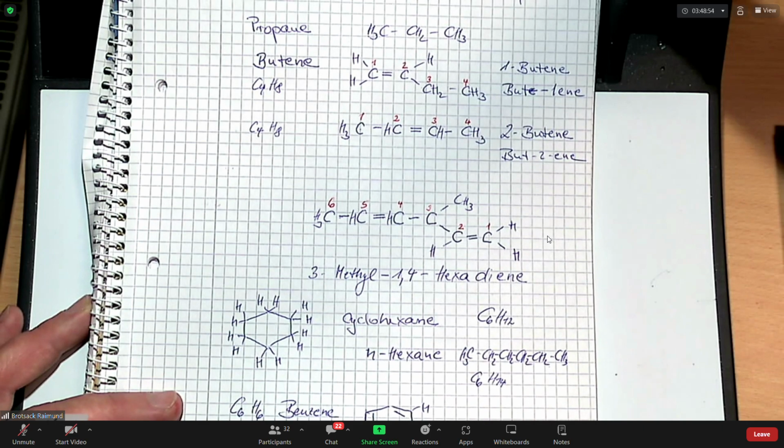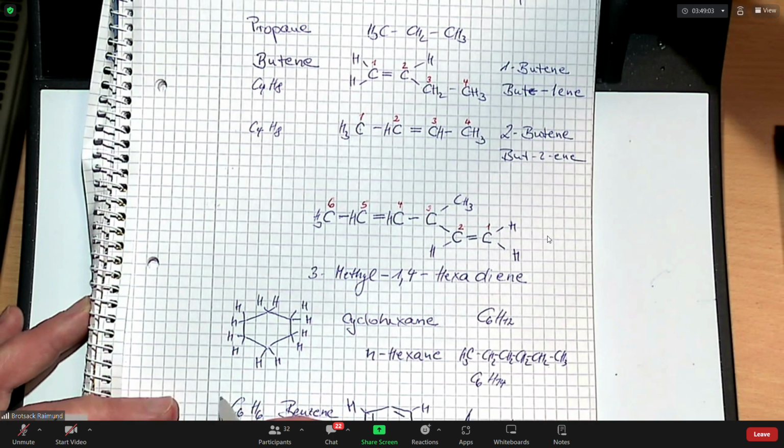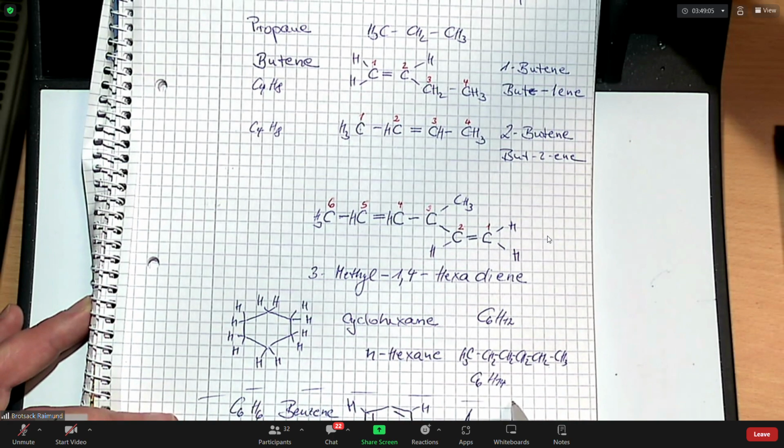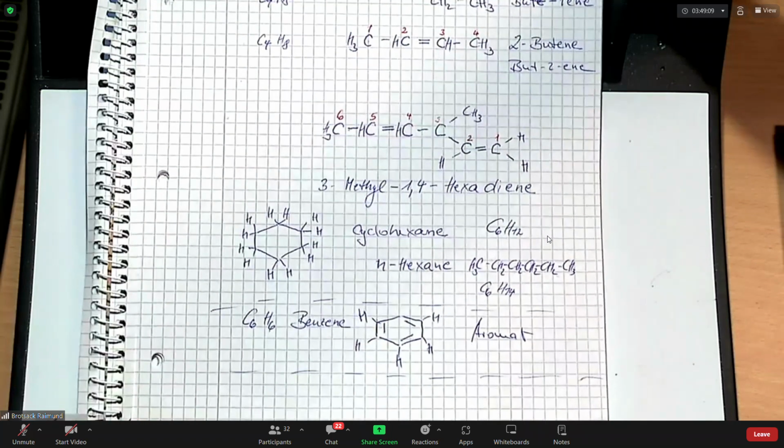This is C6H6. This is an aromat, not an aliphatic. It's an aromat, the benzene.